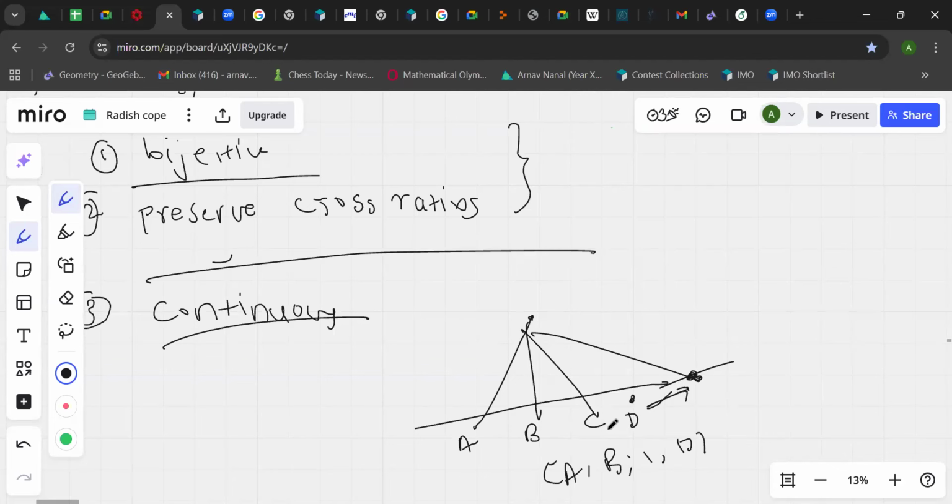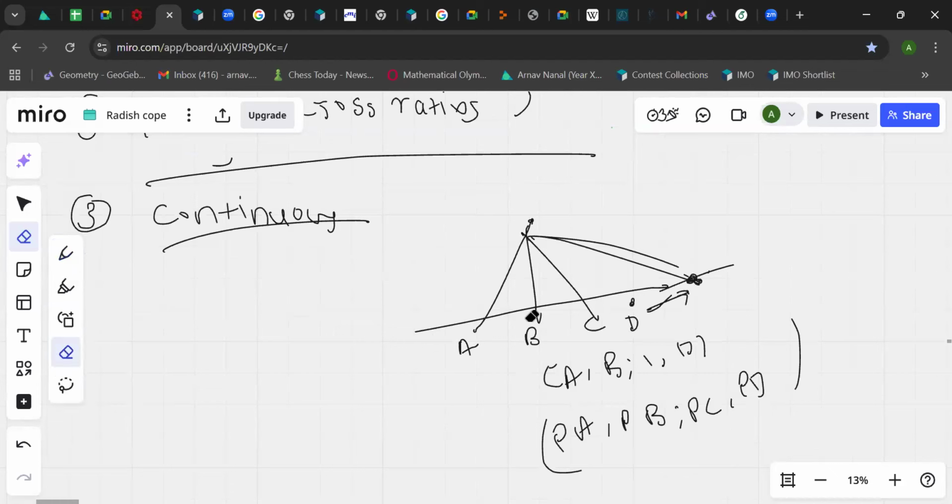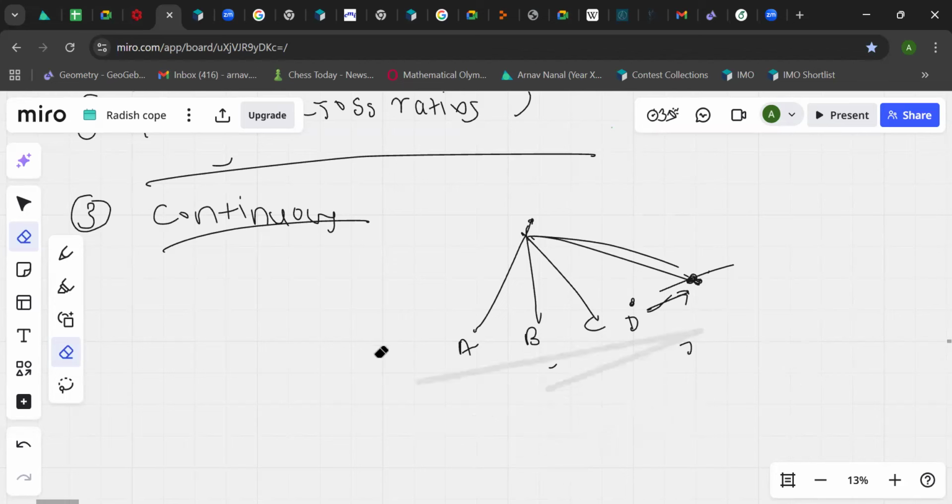When you take the perspectivity, the cross ratio will tend to (PA, PB; PC, PD), and hence this line will just tend to this line. Did it make sense? Intuitively, it is very clear why it is continuous, but it's not a proof. Okay, I'll try to formalize it.